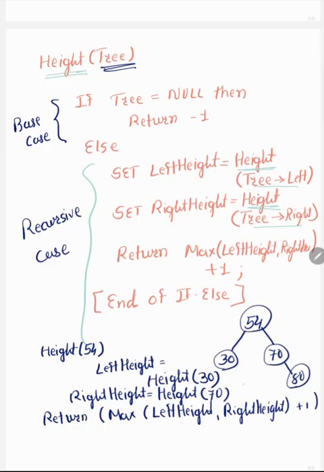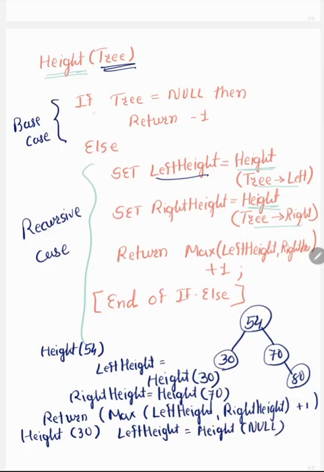Tree's right is also null. So the left height would be height of null, and then it will go into the base case, so it will return -1.